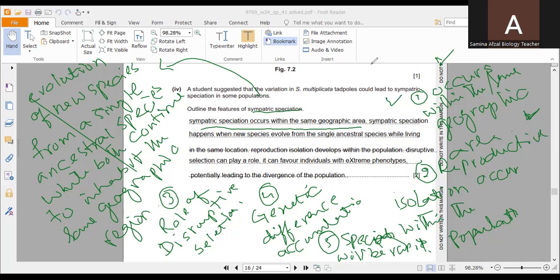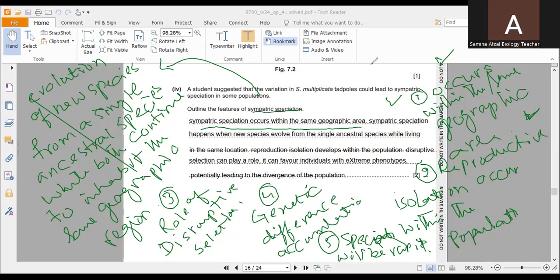Isolation means they prefer different types of partners and different times for breeding or reproduction. Disruptive selection also plays a role. Due to all these factors, genetic differences accumulate between those different species, so the speciation rate will increase and become very fast. In this way, different features can affect sympatric speciation.